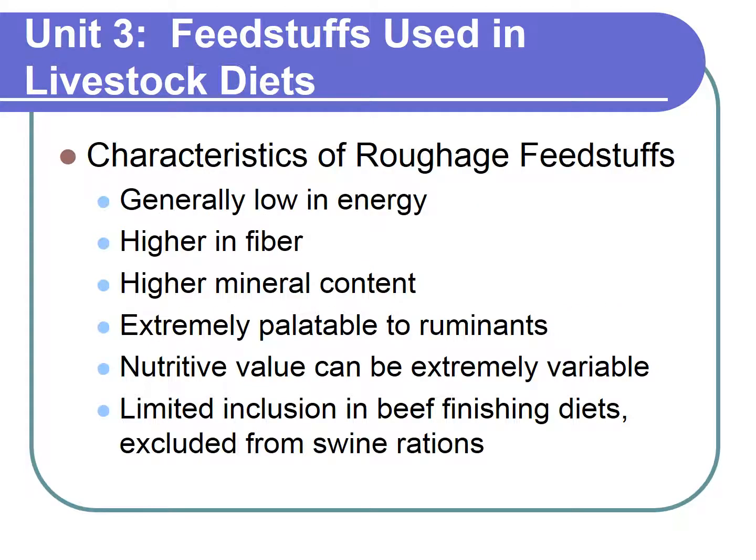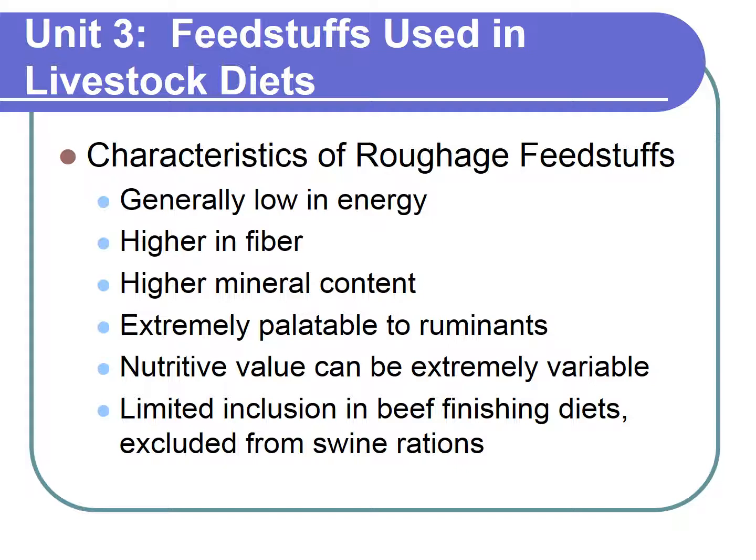Roughage feedstuffs characteristics, again, we list a few of them here. Depending on soil, what you're going to get for mineral content, always higher in fiber, depending on what you're feeding it to.